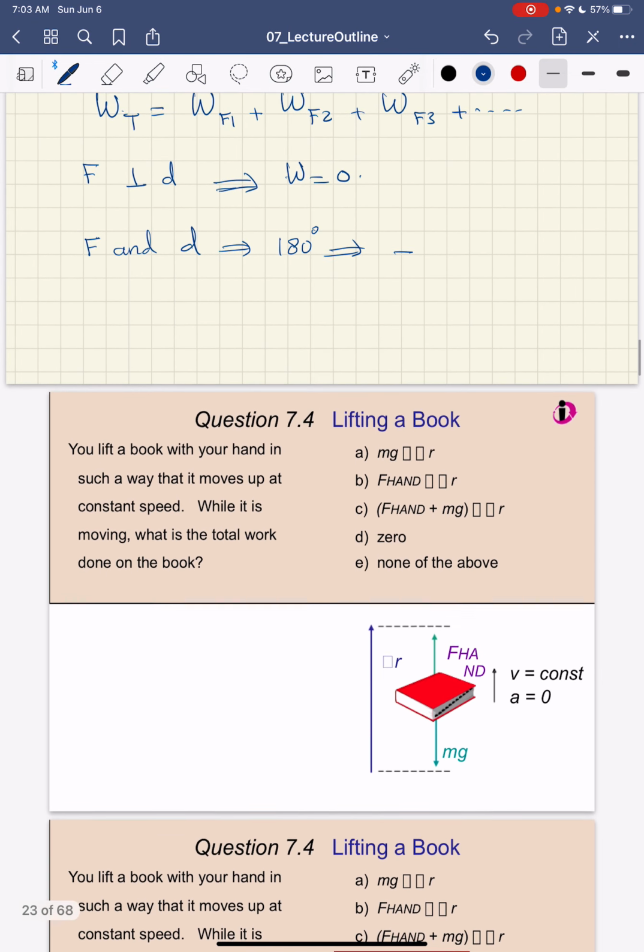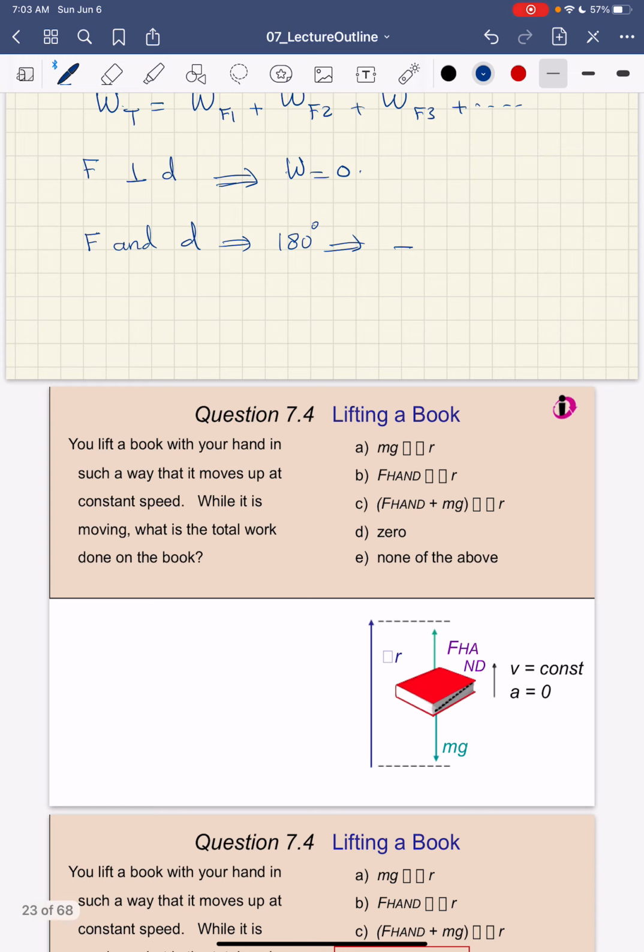Now I also want you to know that lifting a box is different from carrying a box. Lifting means that the force is up and the displacement is up.